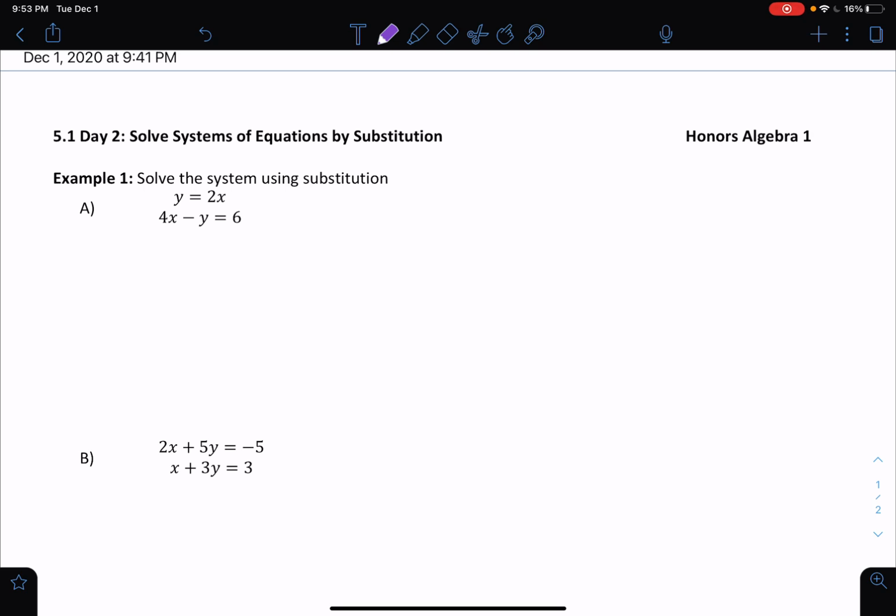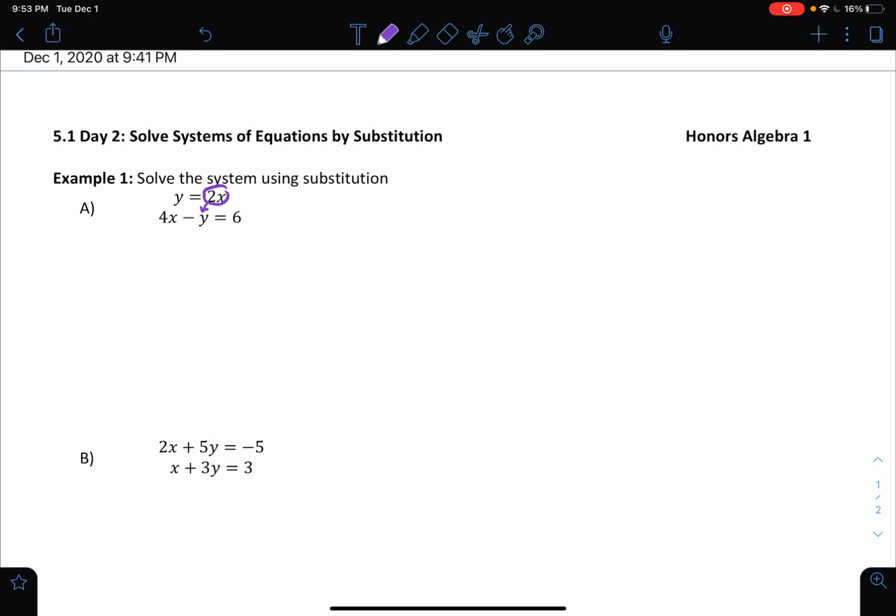So like in example 1a, we got our system y equals 2x and 4x minus y equals 6. So according to the first equation, y equals 2x. Y and 2x are the same exact thing. So every time I see a y in the second equation, I can plug in 2x.